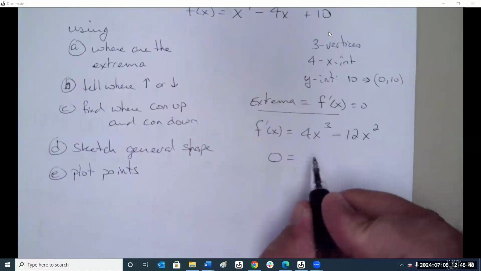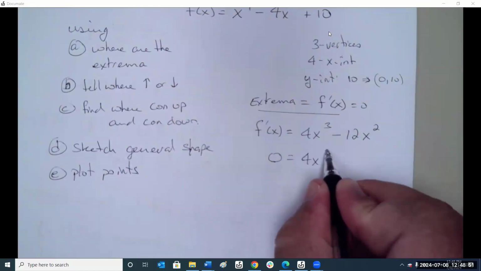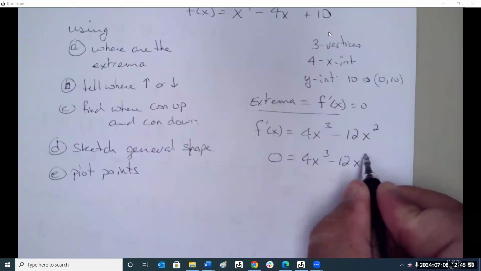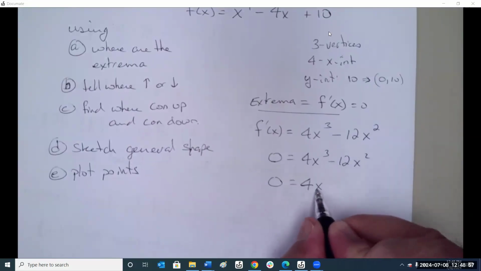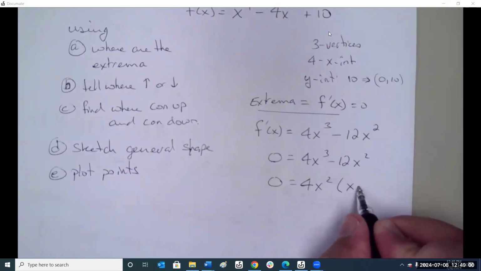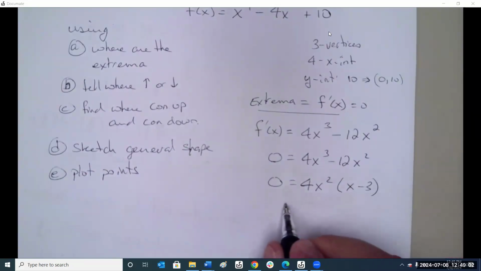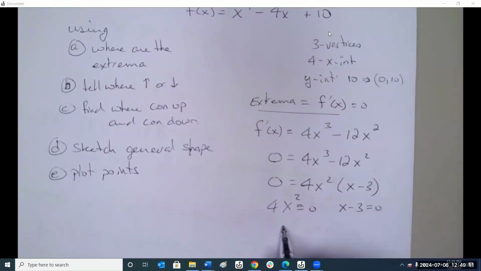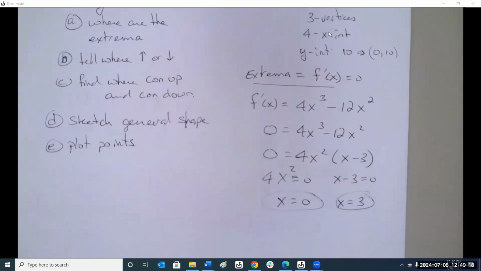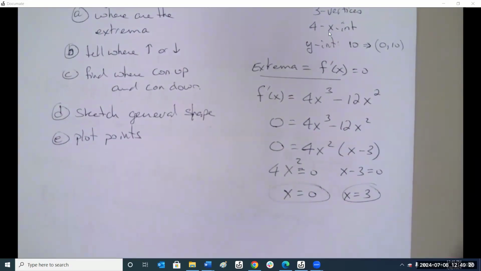Set it equal to 0. We can take out 4x squared, leaving x minus 3. So they occur at 4x squared equals 0 and x minus 3 equals 0. So the extrema happen there.